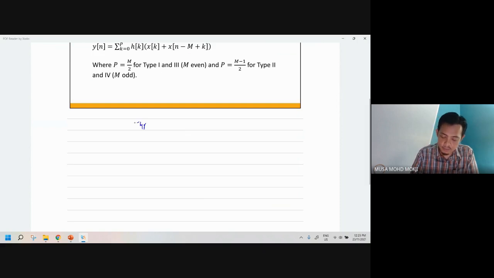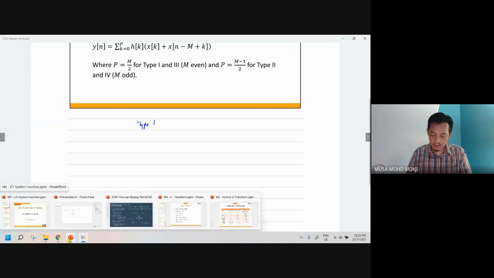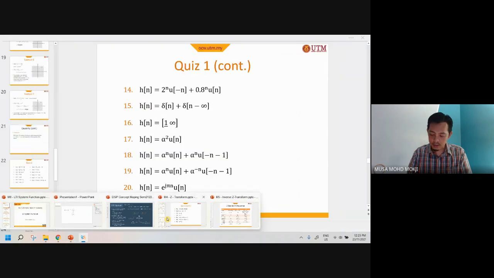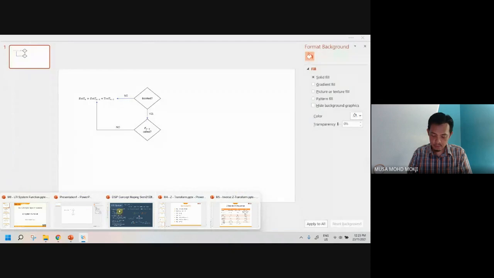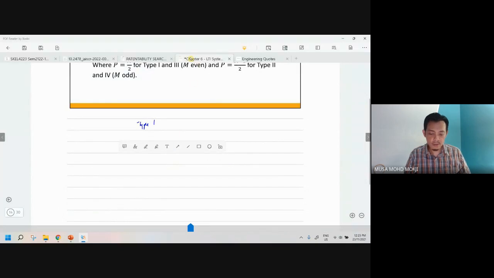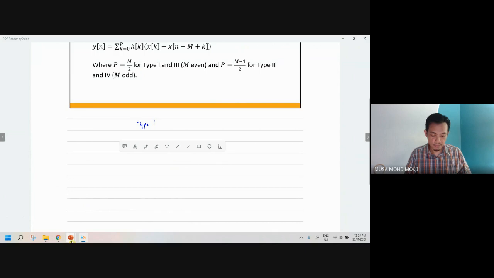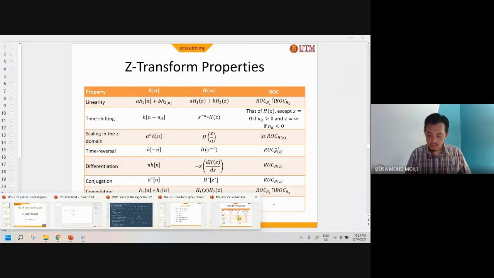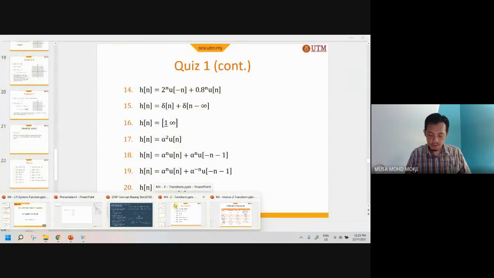Type 1. Let's see, I think we have, hopefully I have a slide from previous. This is inverse, this is Z transform.